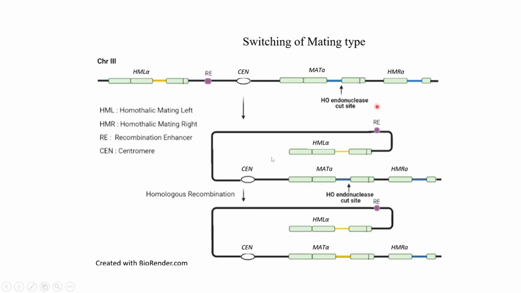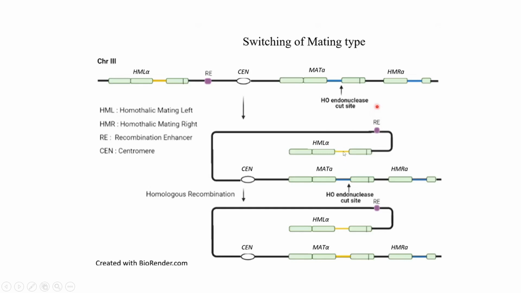The chromosome will be arranged such that, for example, if you want to convert the mate A into alpha, HML alpha will come closer to the mate A region. After HML alpha comes closer to the mate A, HO endonuclease will cleave at this region, and there will be a recombination occurring.